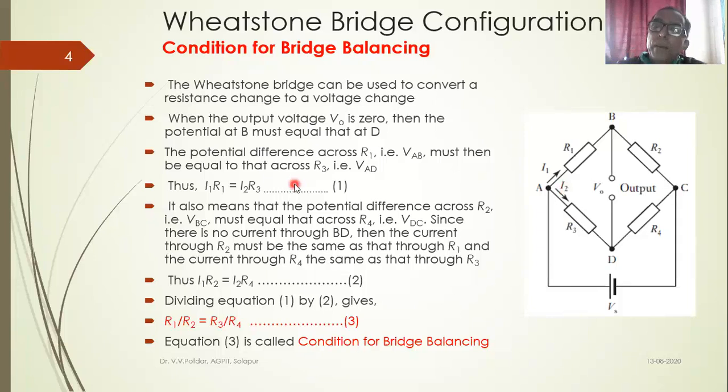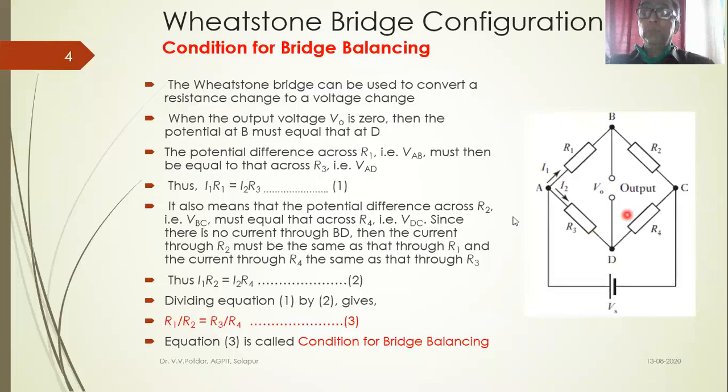Here I'm looking for the condition for balancing, isn't it? So no output voltage here. But in the second derivation, we'll have output voltage, because we are going to leave the bridge unbalanced, because our requirement in that second case is to convert the resistance change into voltage change and measure that output voltage, isn't it? So next class we shall study the expression for output voltage.